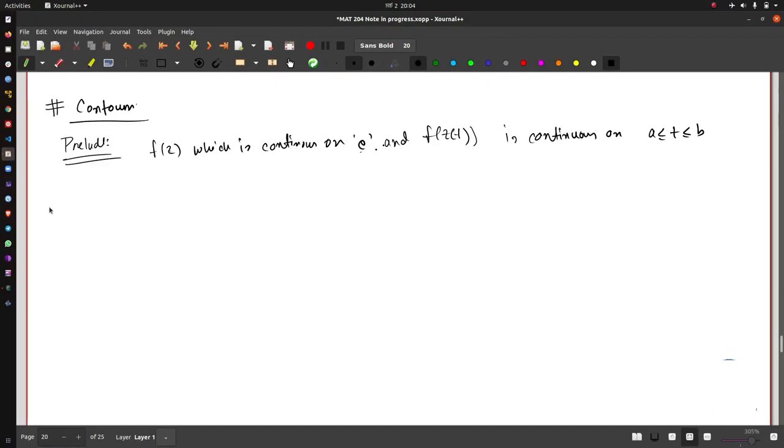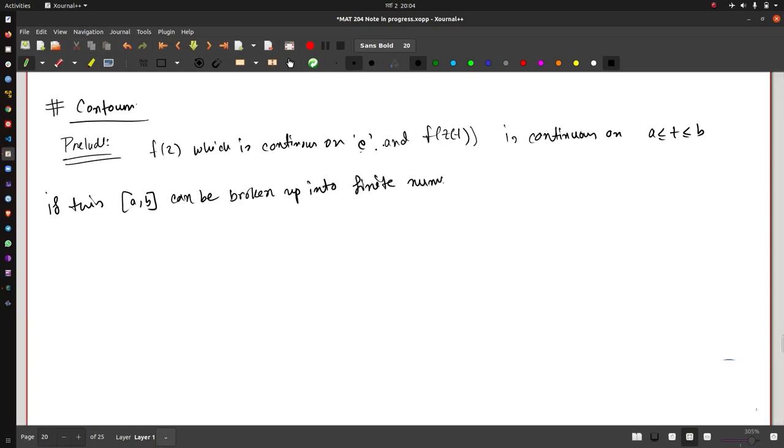And if this interval AB can be broken up into a finite number of subintervals in which f of z is continuous.